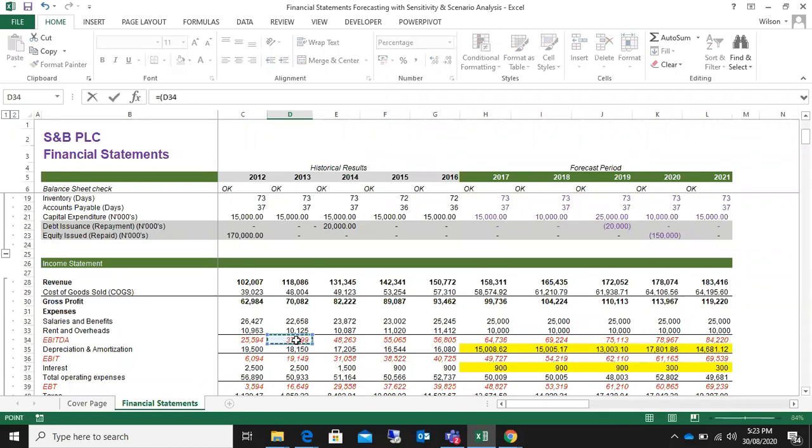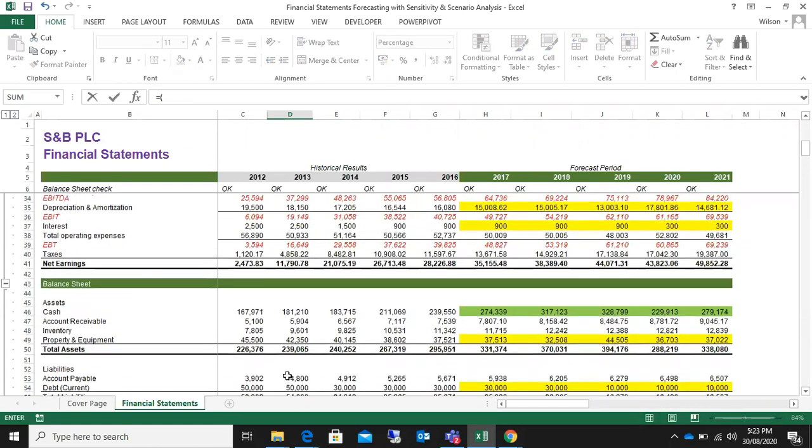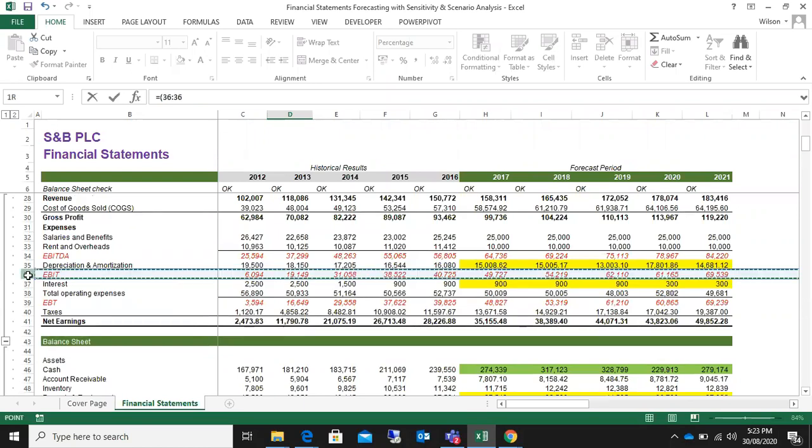New minus old, then divided by old. Obviously, we may not be picking the right thing. Did I just pick EBIT or EBITDA? I think I just picked EBITDA. Let me be sure I picked the right thing. So this is EBIT, right?